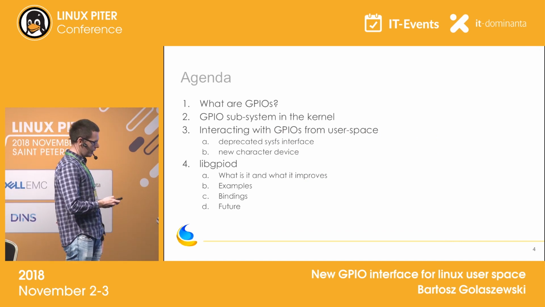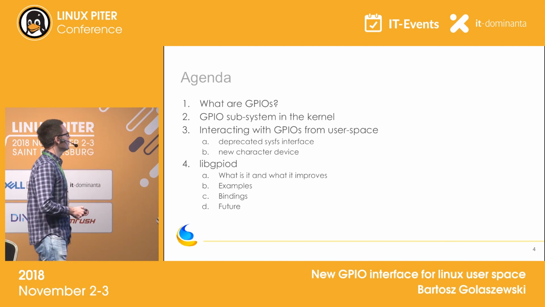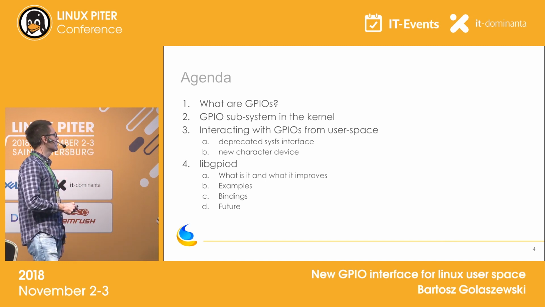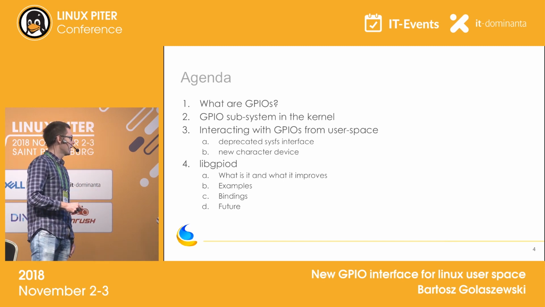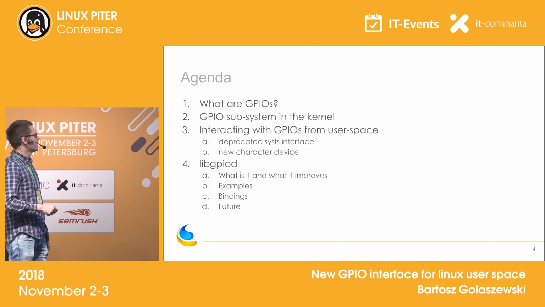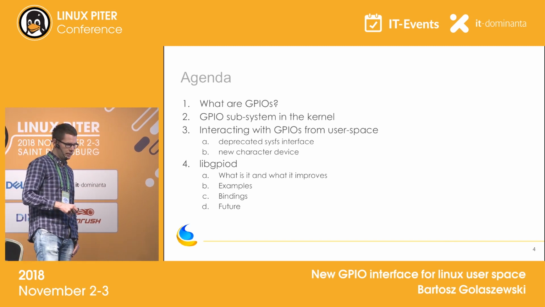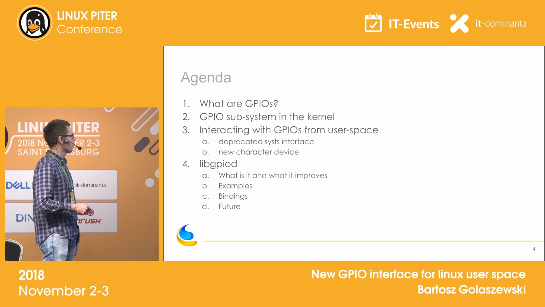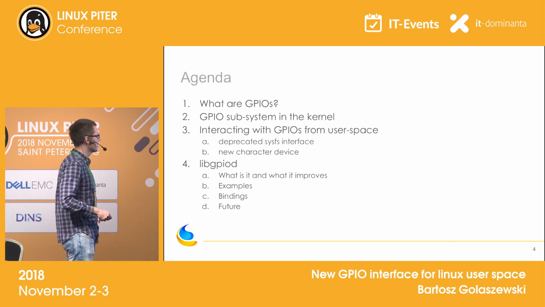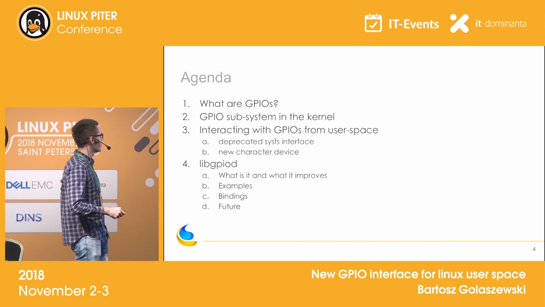And the agenda for today is going to be as follows. I'm going to give you a short introduction into GPIOs in general, then a brief overview of the GPIO subsystem in the kernel. Then we're going to talk about the two user APIs exported by the Linux kernel to the Userspace, so the old deprecated sysfs interface and the new character device that you should be using from now on.